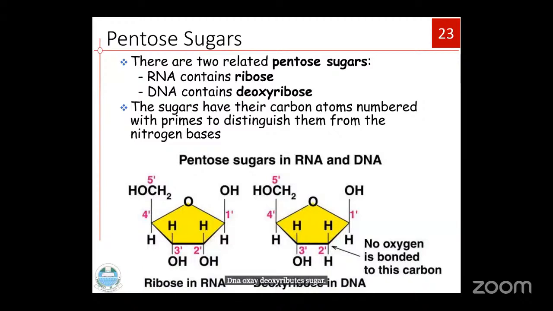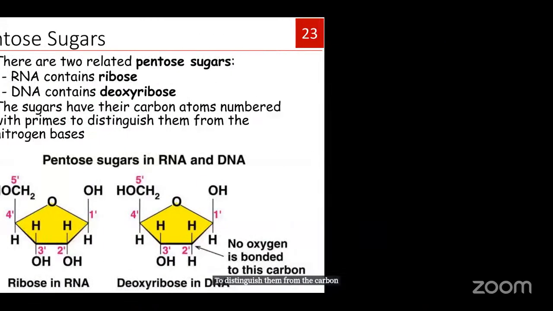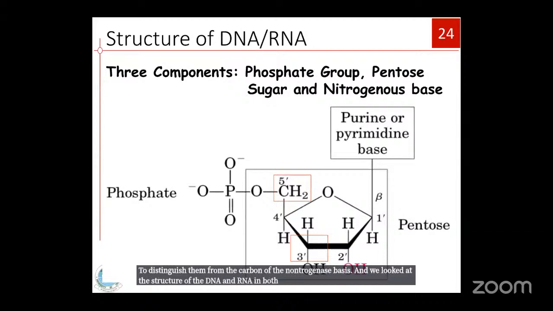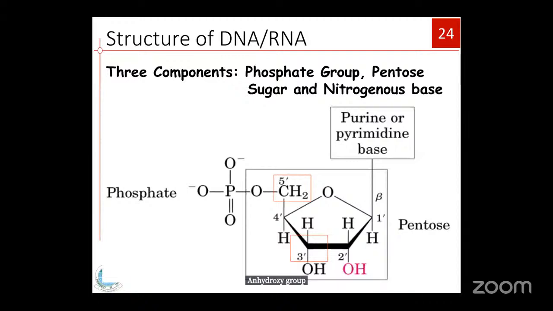We also said that the carbon of the sugar is always labeled with prime to distinguish them from the carbon of the nitrogenous bases. And we looked at the structure of the DNA and RNA. In both, the base is always attached to carbon 1, the hydroxy group to carbon 3, and the phosphate group to carbon 5.